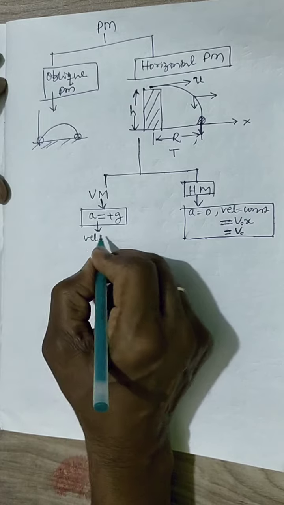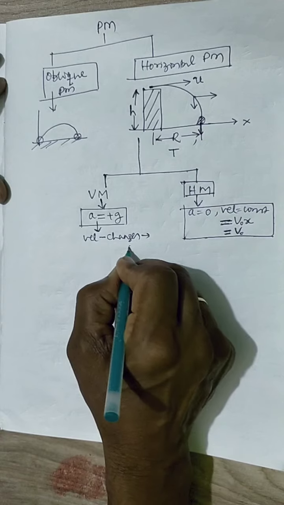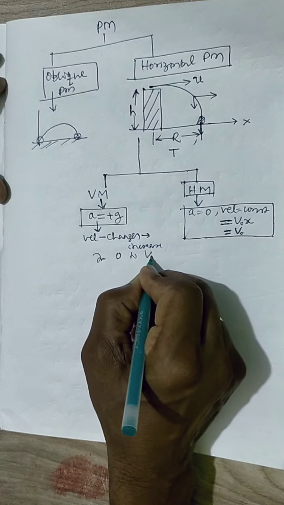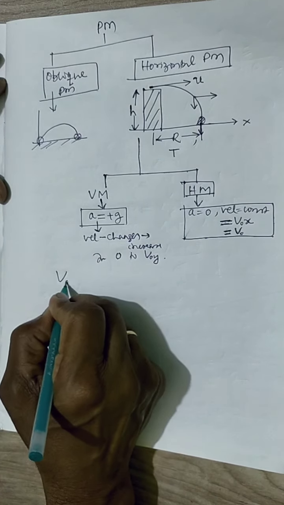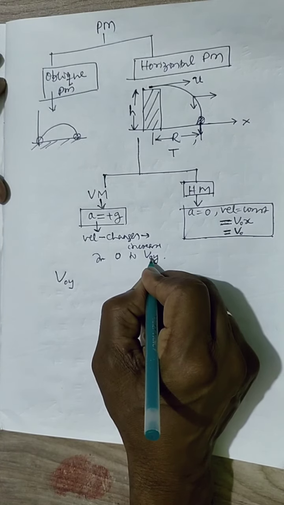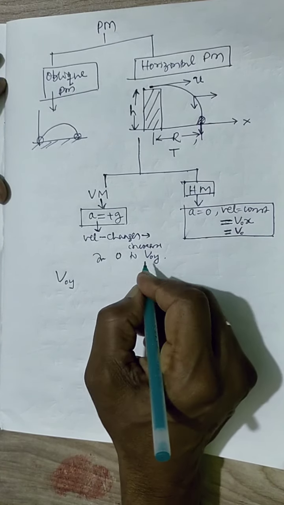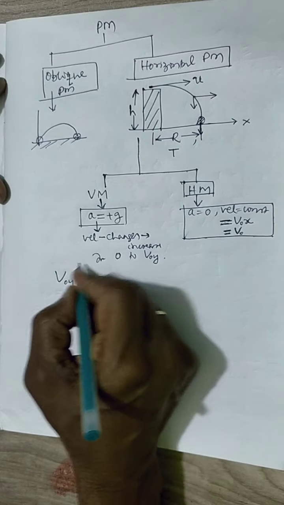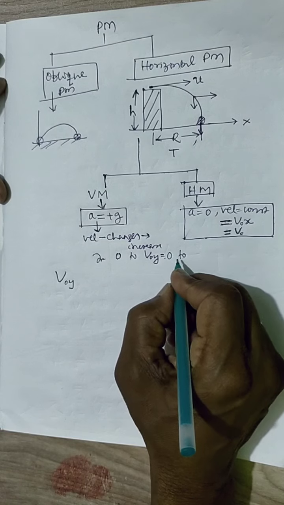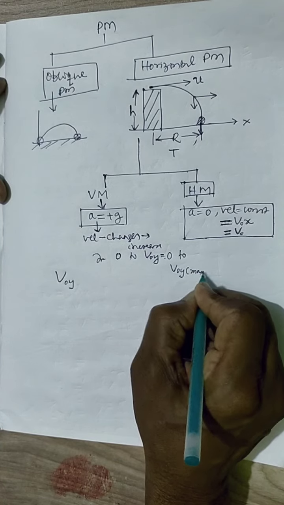Velocity changes by plus g, hence it increases from 0 to v0y maximum.